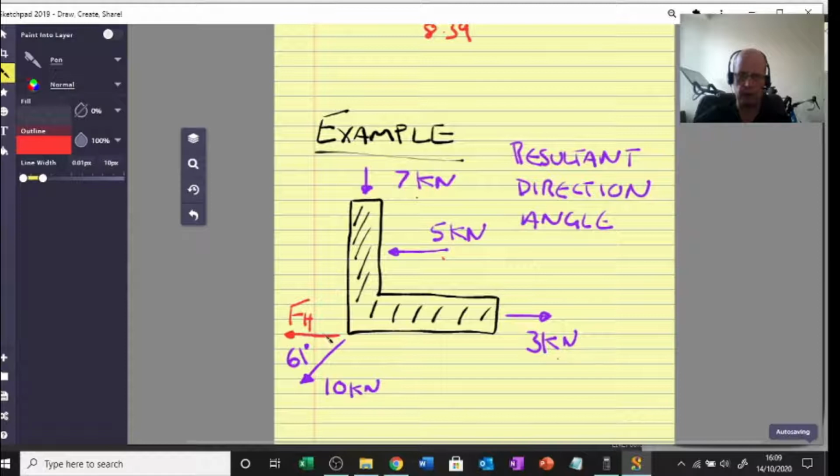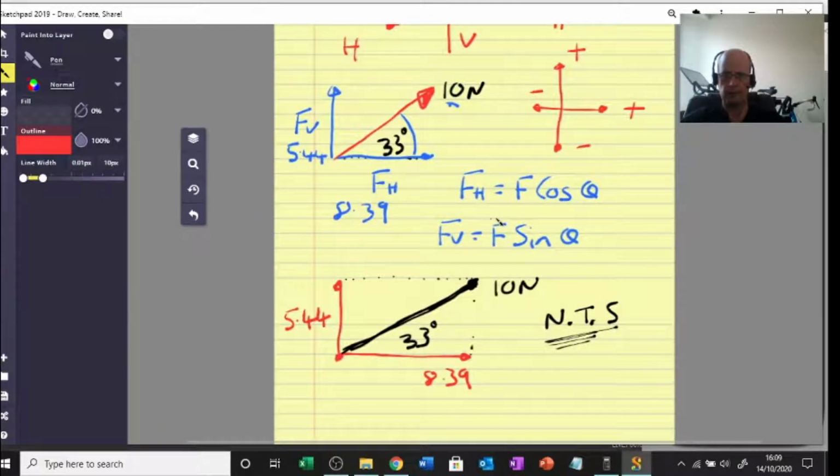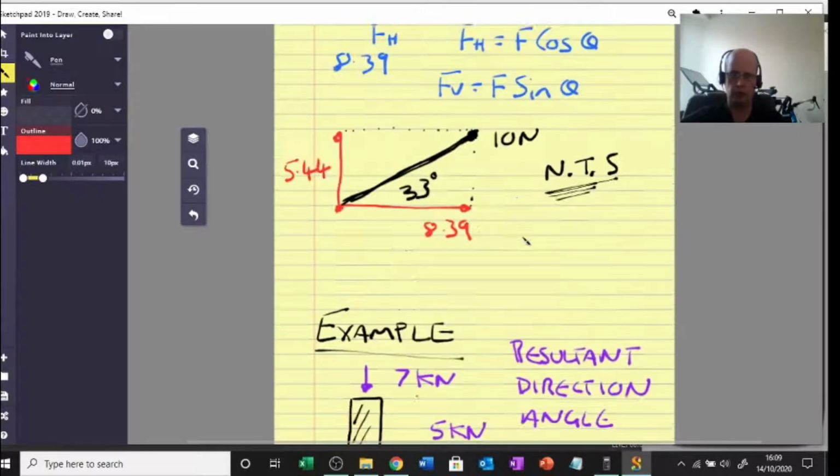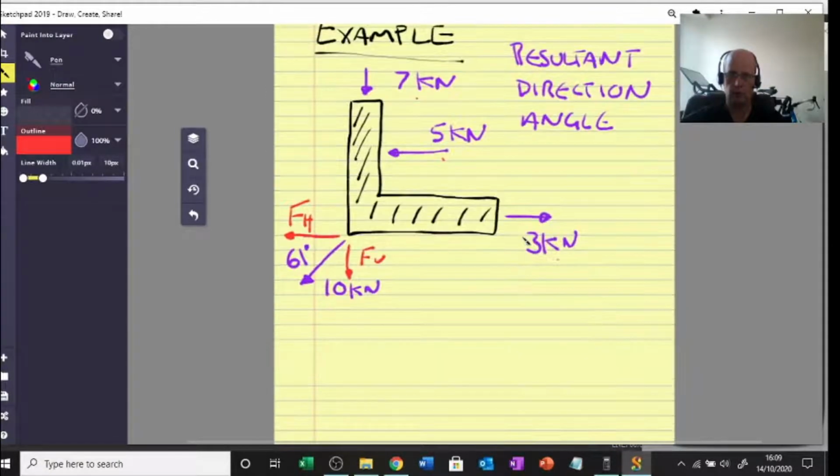We have to work that out, which we can, and we'll have to work out FV, the vertical force, using F cos and F sine. No trick here, no trick. So what I might do is just do that first. Let's get it out the way.